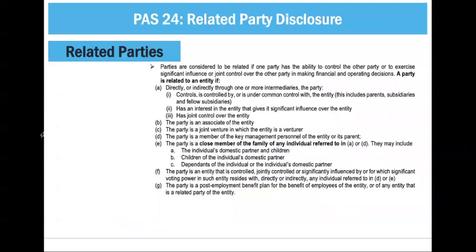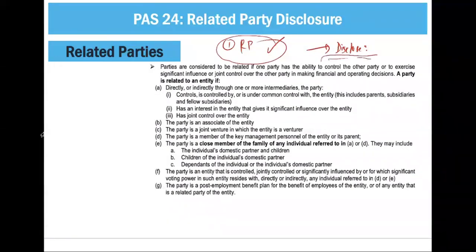Related party disclosure. What is important here is since the standard is named related party disclosure, what you need to know first is if there is a related party. If there is a related party, then you need to disclose these items. So what are the items that we need to learn here? First, when is there a related party?